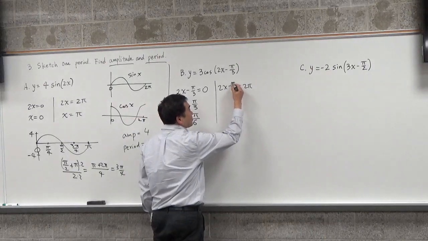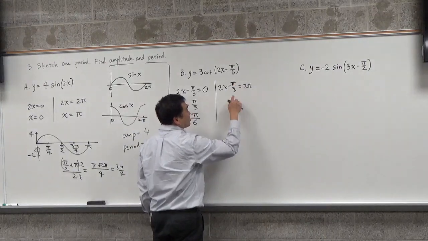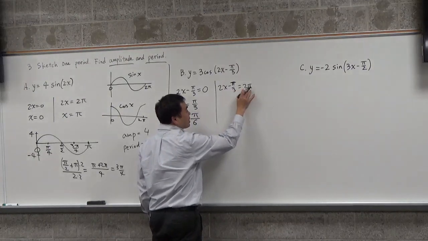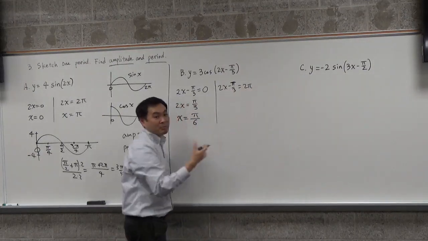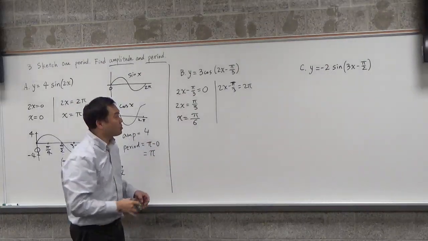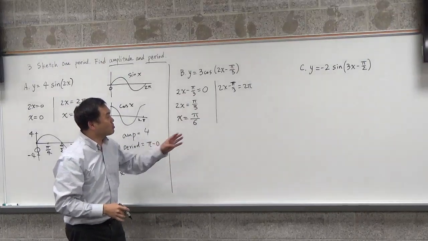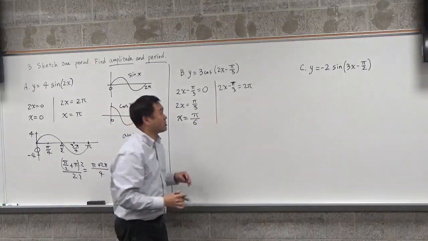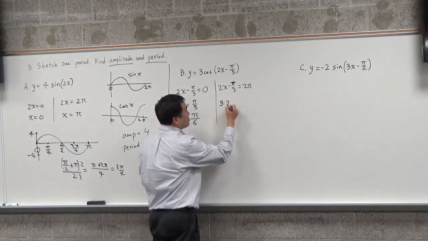I can't solve the same way because there's a fraction there and then there's a non-fraction. If you move it to the other side, you end up adding a regular number to a fraction. It's confusing, so I would rather just solve this by multiplying by 3 on both sides.